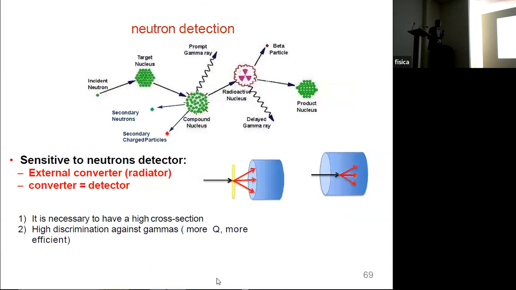Let's move to the second part of my topic today, which is devoted to neutron detection. Neutron detection is more complicated compared to gamma ray spectroscopy.